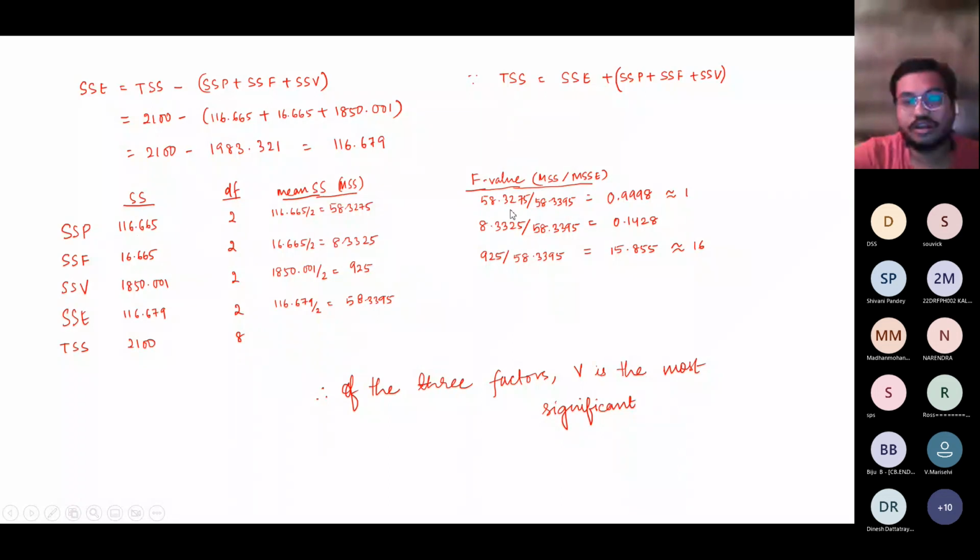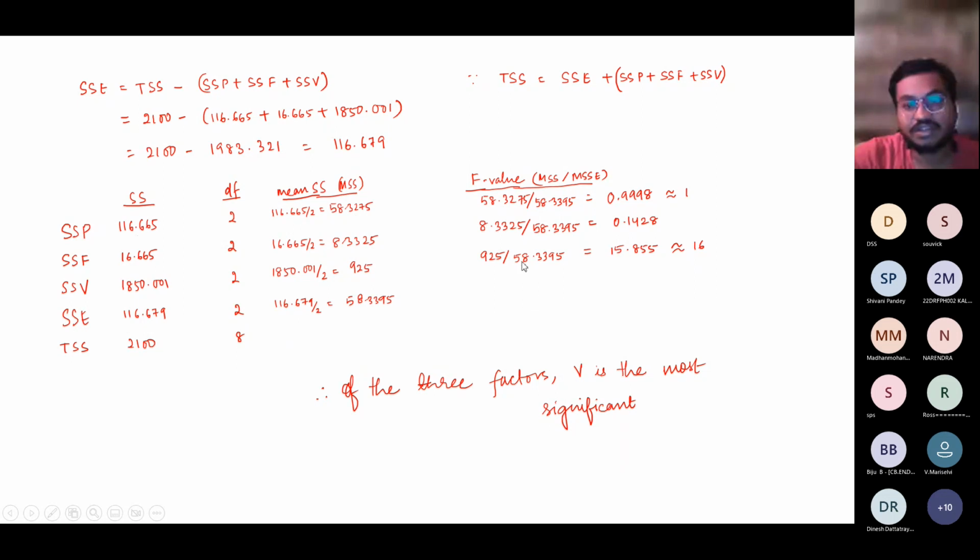To calculate the F value, we just need it for the main effects, that is pesticides, fertilizers, and varieties. We divide the mean sum of squares of pesticides by the mean sum of square of error. That gives us a value of 0.99, which is approximated as 1. For fertilizers, we divide again by the mean sum of square of error, which gives a value of 0.1428.